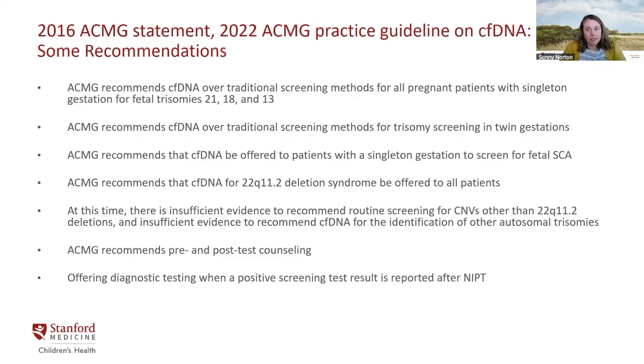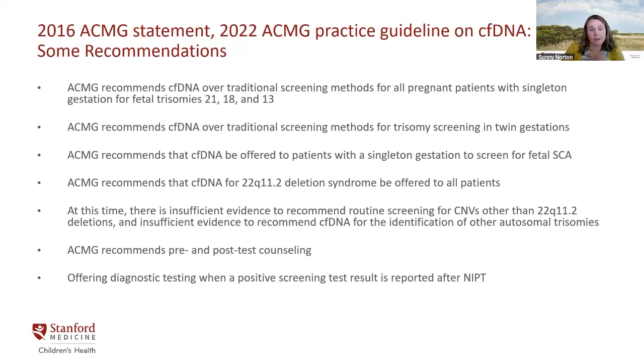So because of the challenges in different labs offering different screening tests, we like to look to professional organizations for guidelines on what we should be offering and try to be consistent with that and evidence-based. So ACMG recommends cell-free DNA over traditional screening methods for all pregnant patients with singleton pregnancies for trisomy 21, 18, 13, and sex chromosome abnormalities.